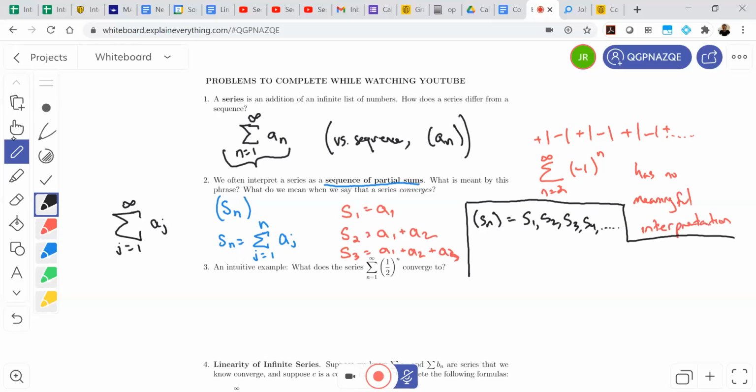And we could see whether or not that sequence converged. And what we said is that the series converges if and only if the sequence of partial sums converges.